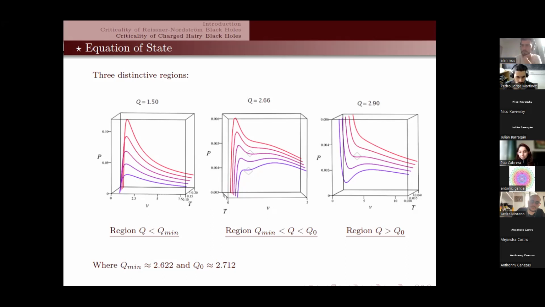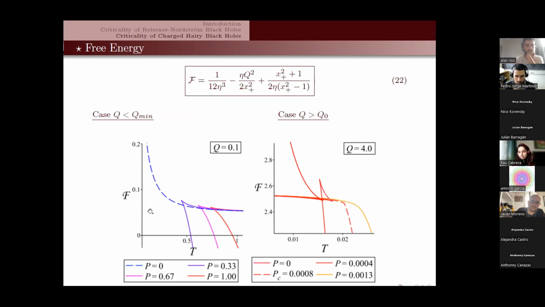Analyzing its free energy, I show first the simplest cases. For small values of Q, no phase transition occurs.